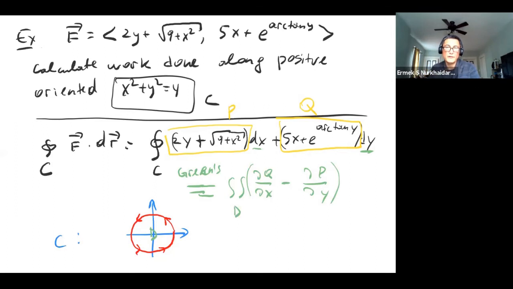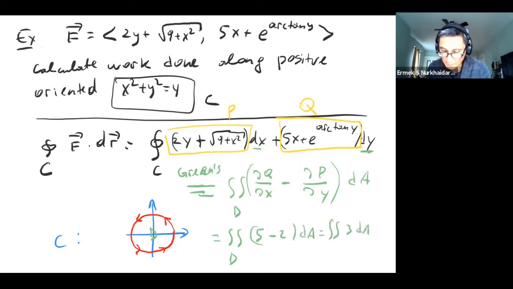If the difference equals 0, we're working over a conservative field, and work done over a conservative field is 0. Anyhow, here we get the double integral over D of dA. The derivative of Q with respect to x is 5, and the derivative of P with respect to y is 2. So you're going to get 3 dA.